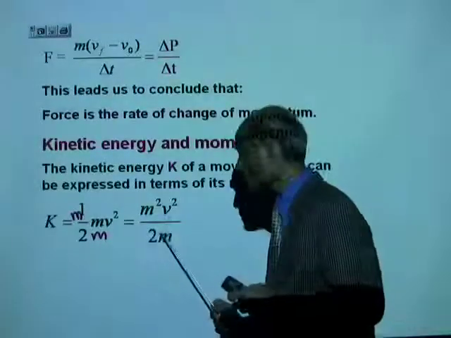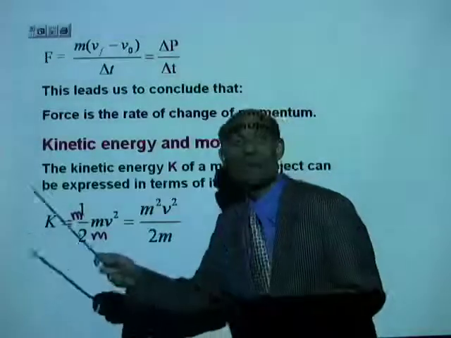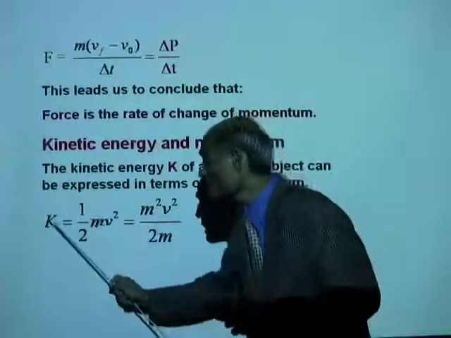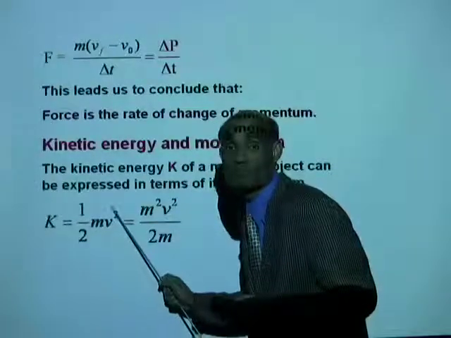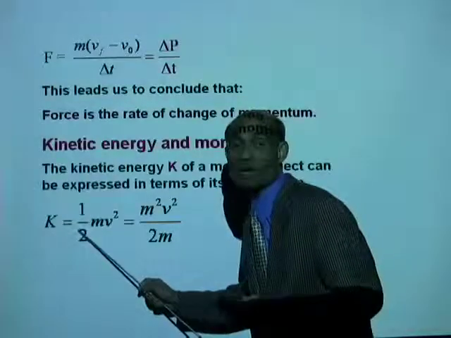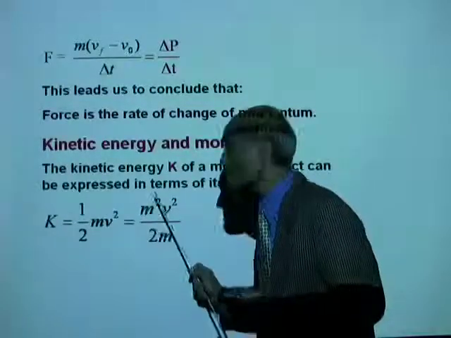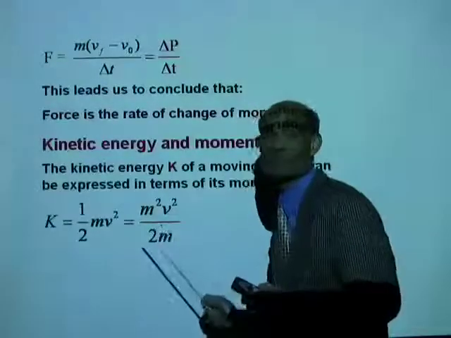If you don't want it, 1m can be cancelled with another m. We will go back to our original expression, K equal to 1/2 mv squared. But I'm sure you now understand 1/2 mv squared is the same as m squared v squared divided by 2m.